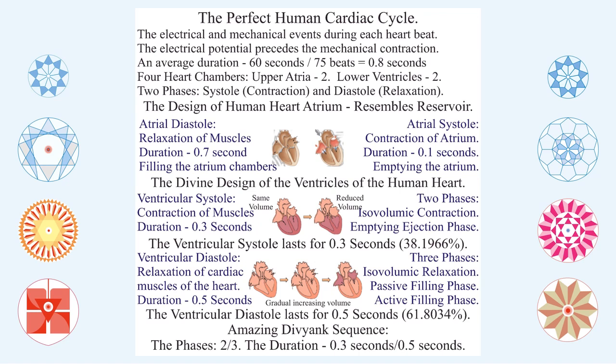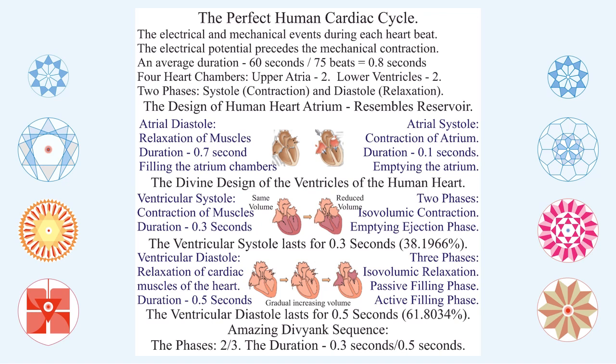Atrial diastole, relaxation of the muscles, lasts 0.7 seconds, which fills the atrial chambers, 0.7 out of 0.8. Atrial systole lasts for 0.1 second, during which the atrium is forcibly emptied. So the design of the human heart atrium is like a reservoir, 1 to 7.